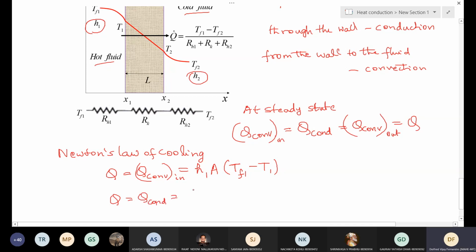I think you already know this one: T1 minus T2 divided by the thermal resistance, that is L divided by the thermal conductivity of the wall into area. Here also you can write this as Tf1 minus T1 divided by 1 divided by H1A.